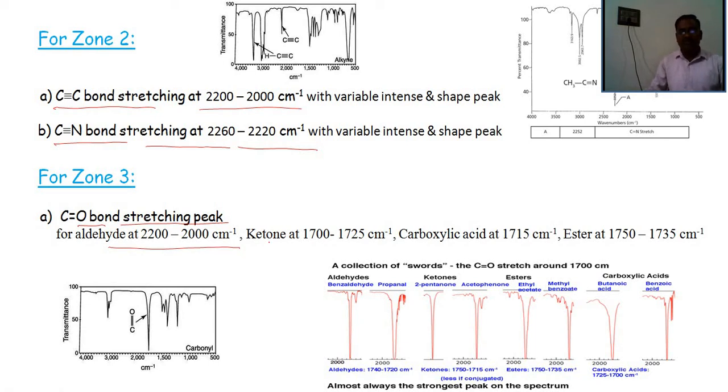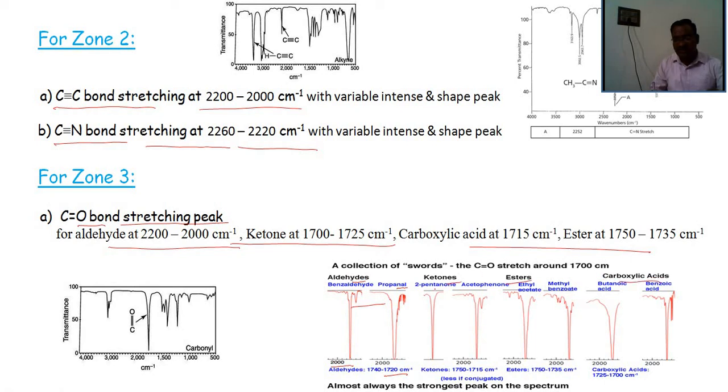2200 to 2000 per centimeter, ketone at 1700 to 1725 per centimeter, carboxylic acid at 1715, and esters at 1750 to 1735. These are all different functional groups, and they show different IR peaks. Here you see that aldehydes show this peak, for example propanal, then ketones, esters, carboxylic acid.